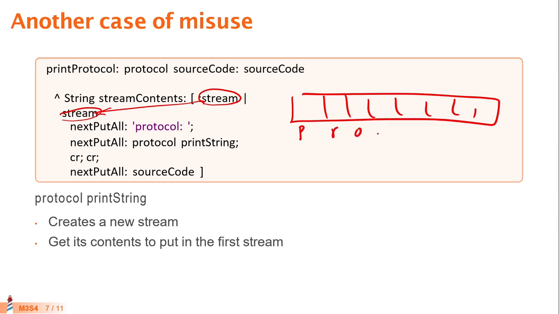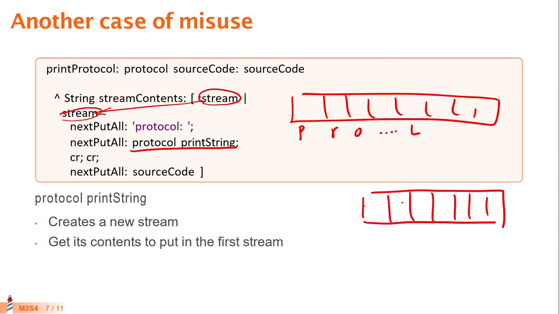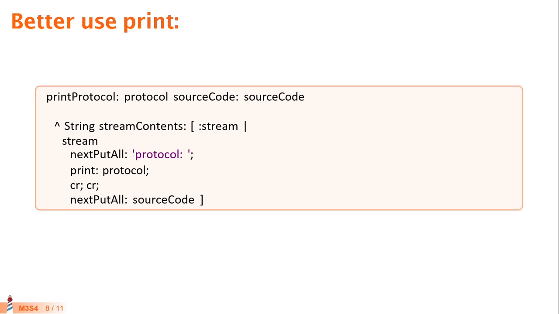And then again, we will create another stream to place something else inside, like accessing, for example, I imagine, because this is a protocol. And then we will return the contents and move it there. The right solution is just to do that.